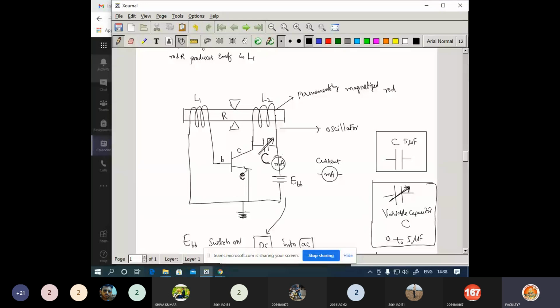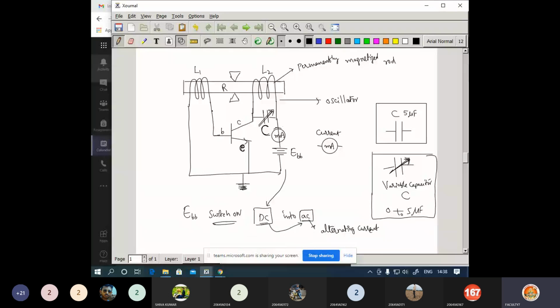So due to alternating current, you will produce an alternating magnetic field, and this particular base is connected through L1. Through the base it is coming back to the battery, so we consider this as a positive feedback.